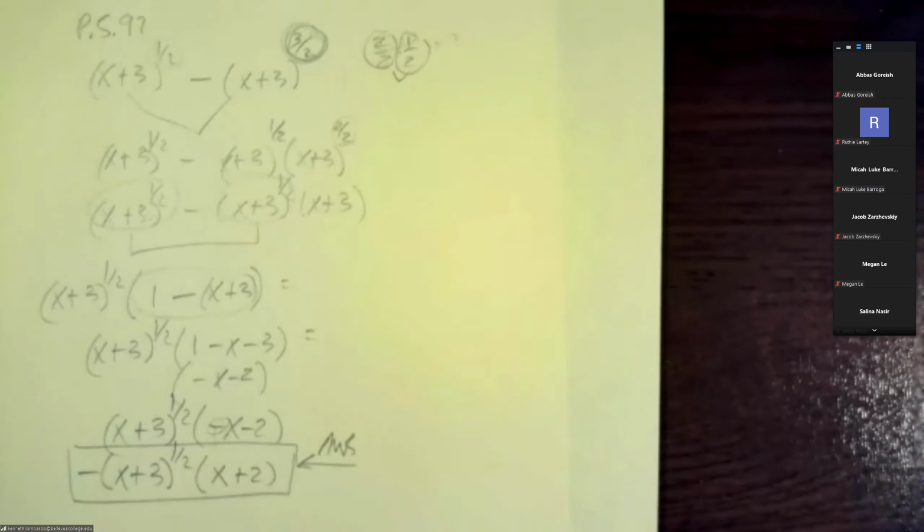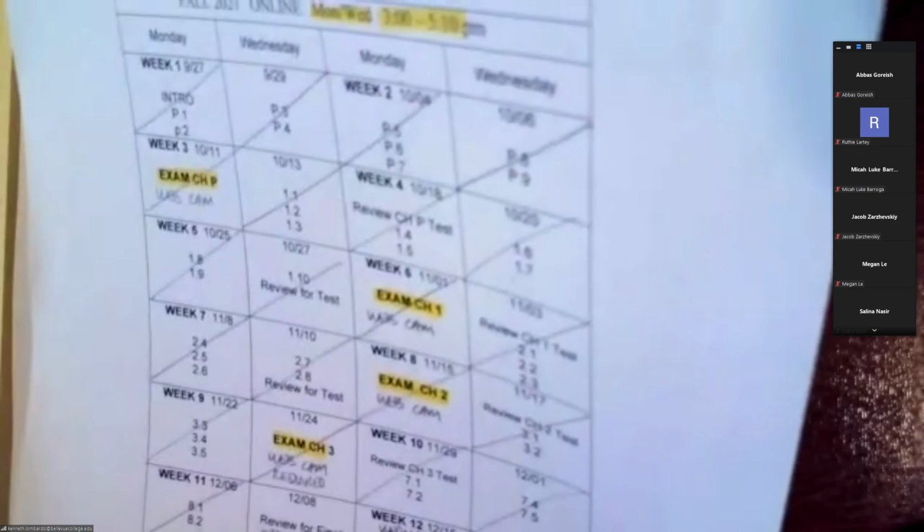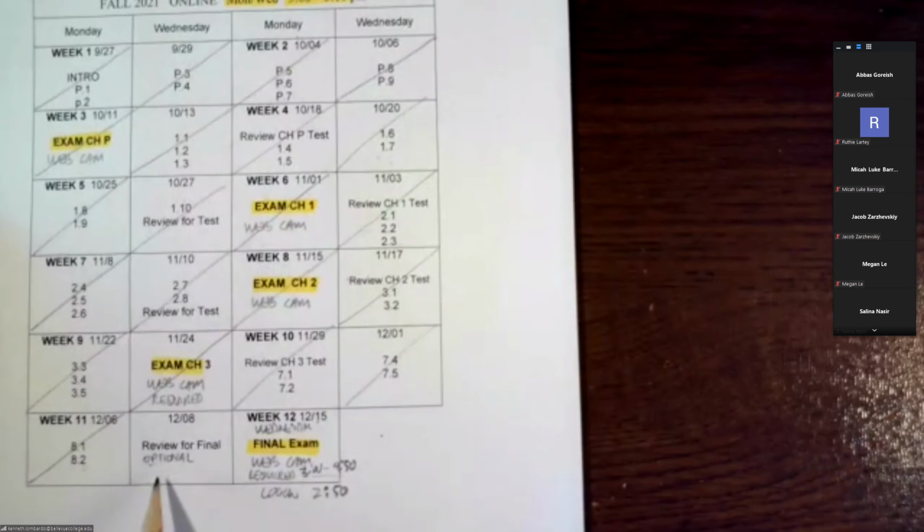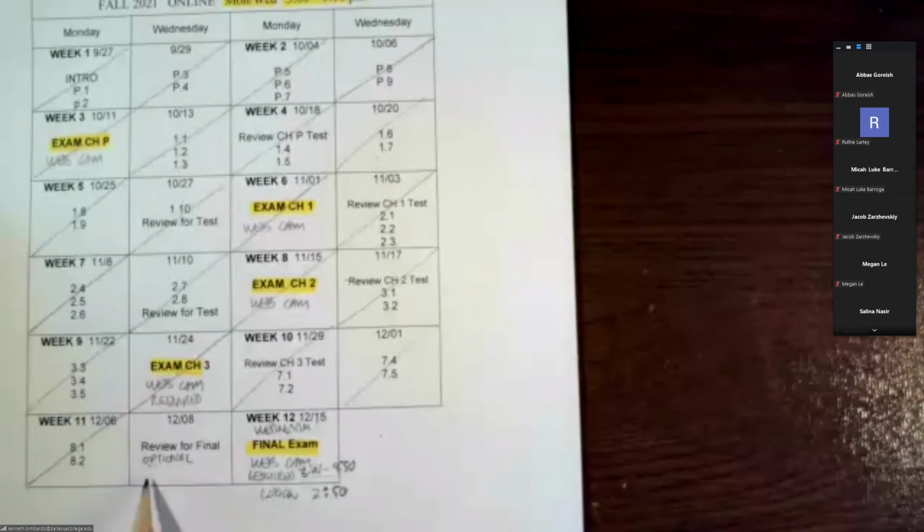Okay, in case you logged on late, this is just an optional session for anybody that has questions on anything we've covered anywhere during the course. I want everybody to remember that the final is on the 15th, next Wednesday during class hours, but please be logged on 10 to 15 minutes before class.